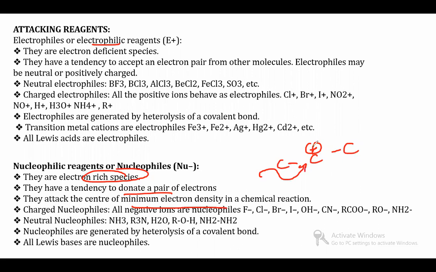The nucleophile attacks this carbon because of its minimum electron density. It acts as a Lewis base, an electron rich lone pair donor, and is also formed by heterolysis of a covalent bond.